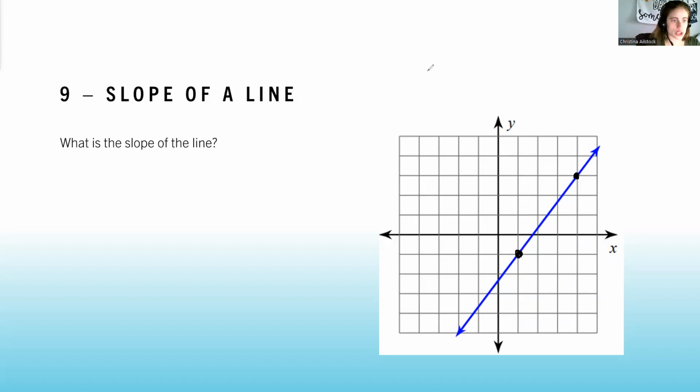So when we have a graph, it is technically still change in y over change in x, but you may also have heard it referred to as rise over run.